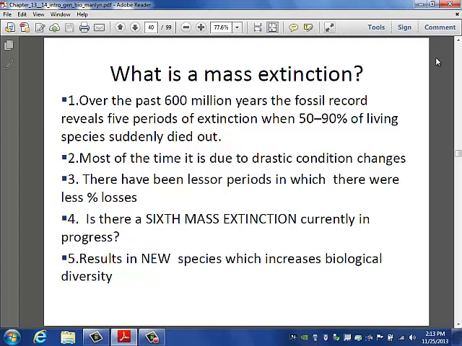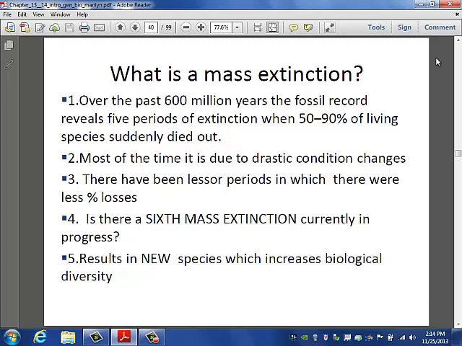So 600 million years of fossil record reveals 5 different periods of extinction, when 50 to 90% of living species suddenly were wiped out for one reason or another. Drastic conditions seem to be the culprit every time. There have been lesser periods in which there were less than 50% losses.